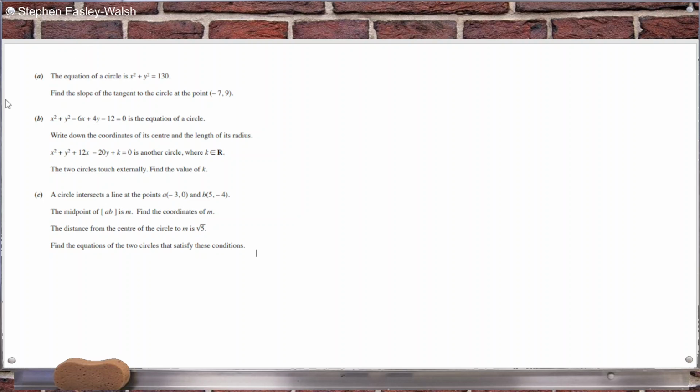Right, complete the square now. So we have (x minus 3) squared plus (y plus 2) squared. So that's x squared minus 6x plus y squared plus 4y, and that will equal 12... minus, sorry, let me think.